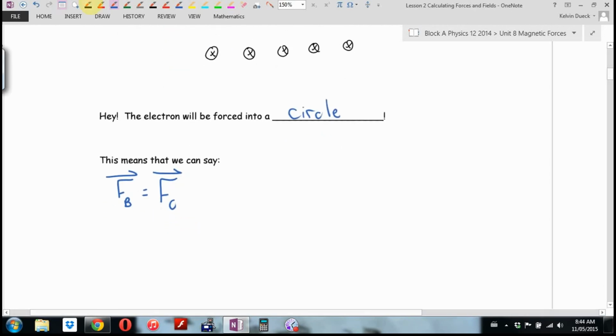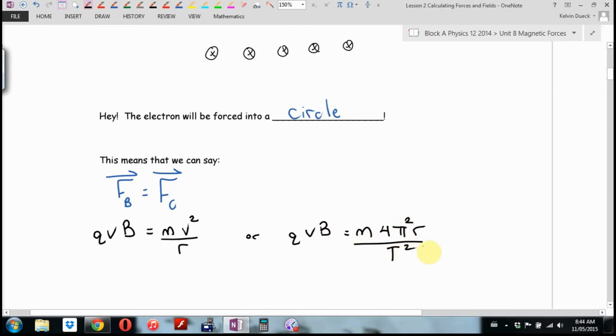It means we can say this, qvB equals mv squared over r. Don't forget the mass, because force is mass times acceleration. Or qvB equals m 4 pi squared r over T squared.